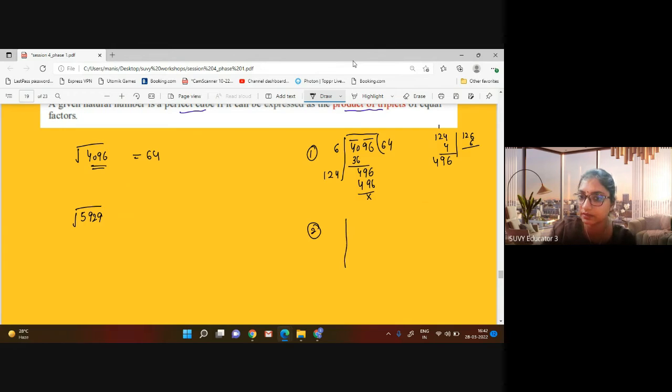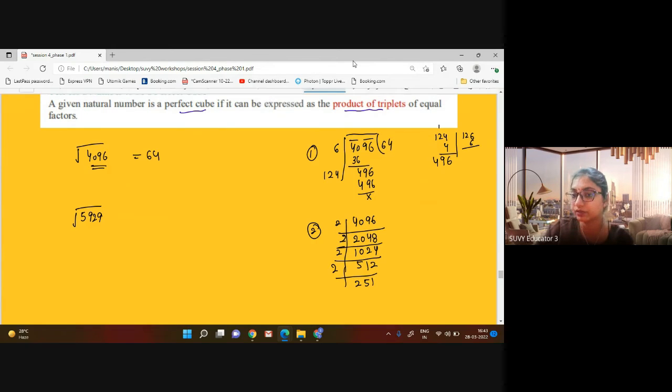The second method is prime factorization. 4096: 2 fours are 8, 2 eights are 16, 2, 1, 0, 2, 4. Right. 2 fives are 10, 2 ones are 2, 2 sixes are 12. Then again 2, 1, 2, 8, and so on.